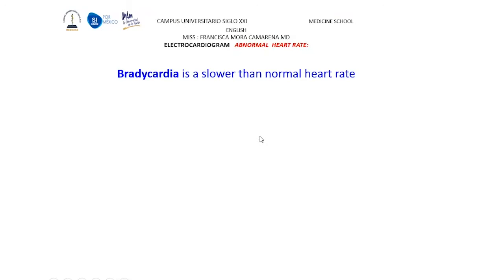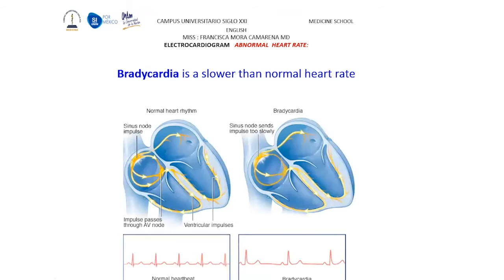Next, we may consider abnormal heart rates like bradycardia, when the rate is slower than a normal heart rate, because the sinus node sends the impulse too slowly. Bradycardia is considered less than 60 beats per minute.